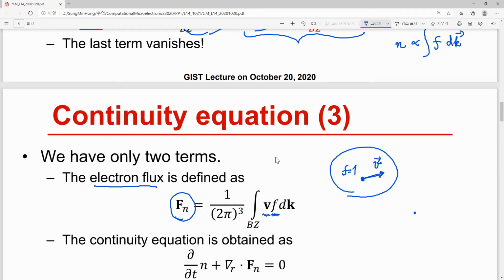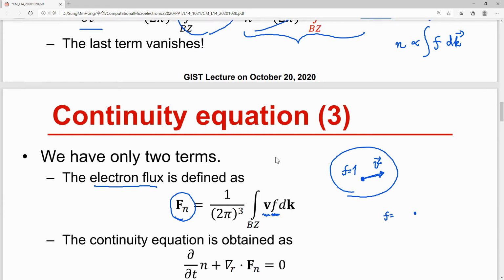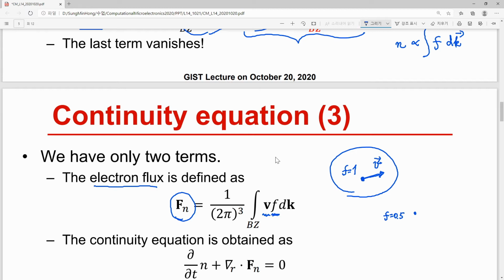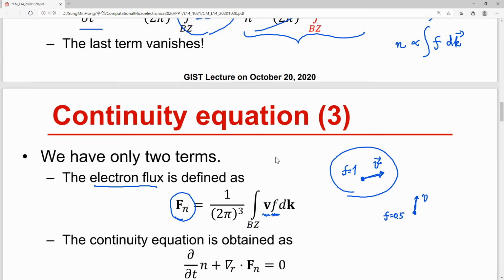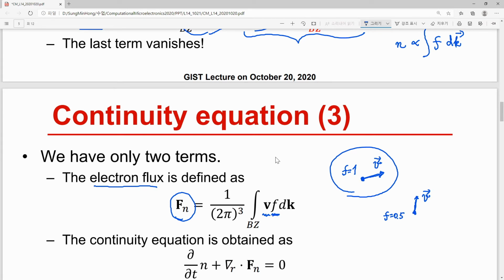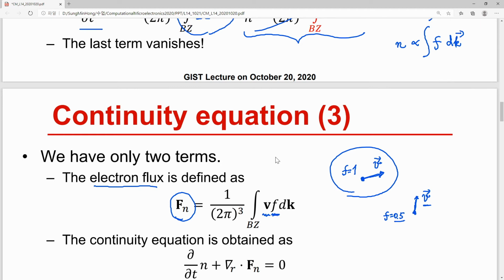And if we have 0.5, a half-filled state, and its group velocity is given this way, it just contributes to the flux half multiplied by this group velocity vector, and their sum will give us a certain quantity corresponding to the electron flux.